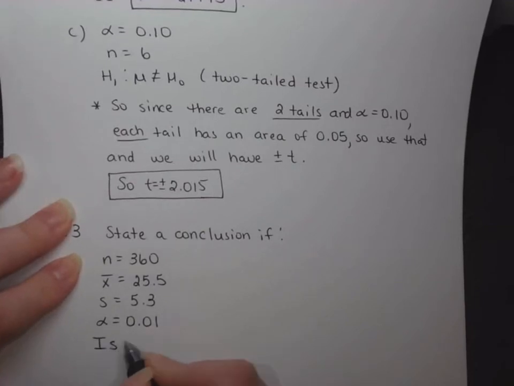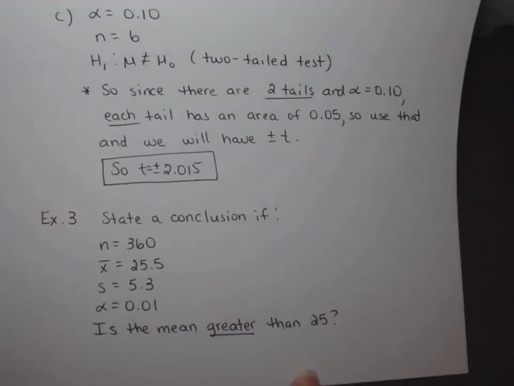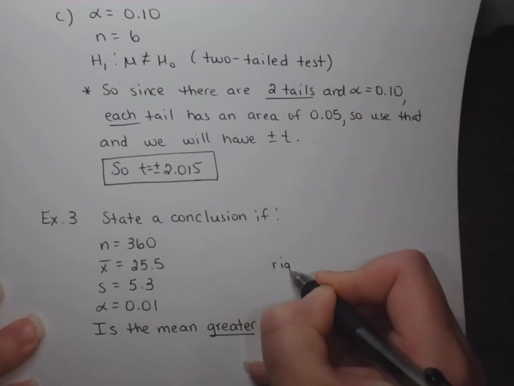And the question I want you to set up and answer is: is the mean greater than 25? Okay, so because it says is the mean greater than 25, we should know that we have a right-tailed test.